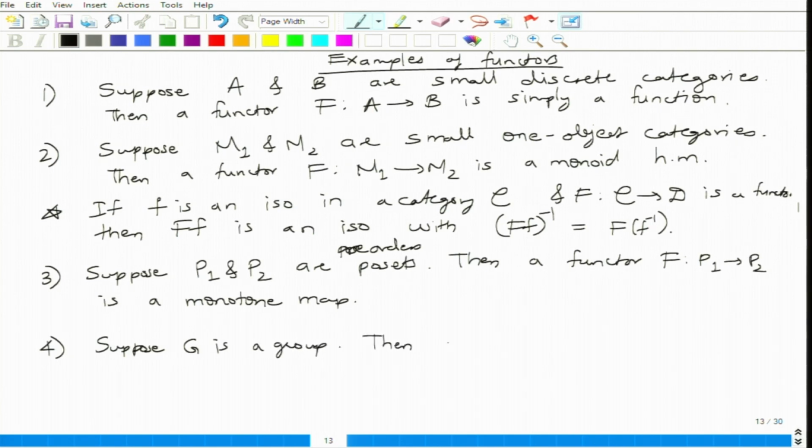Then a functor F from G to the category of sets is, what do you call it in your everyday language? No, it's not a forgetful functor. It's a functor from G thought of as a category to the category of sets. A group action, a G-set. It's called a permutation representation.